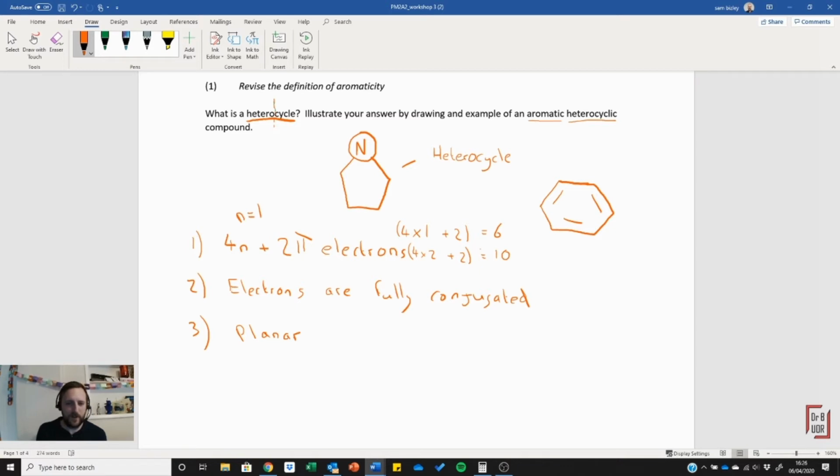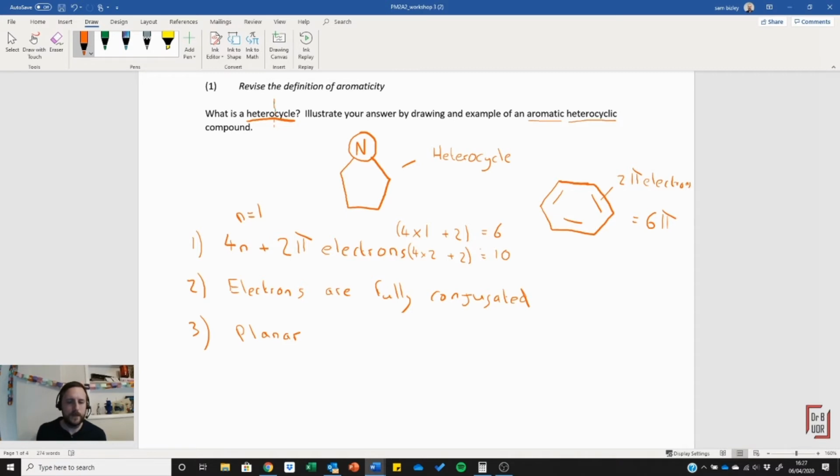So if we have a look at how many pi electrons we have, this is why we often do it in double bonds, because it's easier to count. Each double bond would give us 2 pi electrons. So if we count them up between them, that will equal 6 pi electrons.